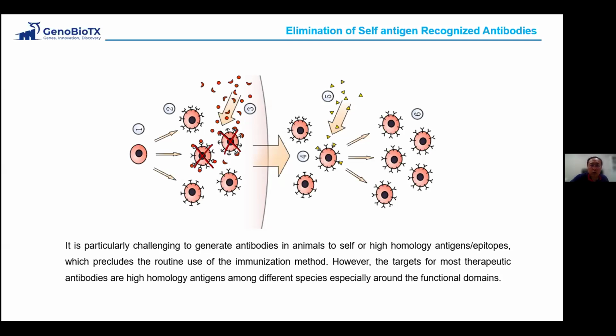During B cell development, the cells that produce antibodies recognizing self antigens will be induced to undergo apoptosis, while B cells that produce antibodies recognizing foreign antigens will go through the development pathway and turn into mature B cells. Since we often want to develop antibodies against self or highly homologous antigens, it is a big hurdle for researchers.